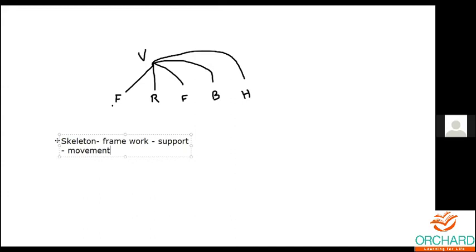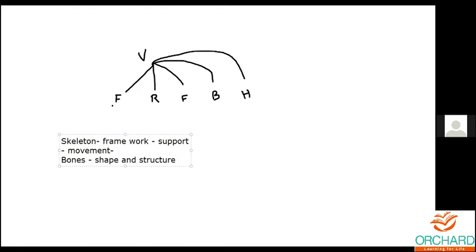And the skeletal framework, how is it made? It is made up of bones. You have bones or cartilages which support the framework and make up the skeletal framework. Okay, why are bones necessary? Bones give shape and structure to your body.